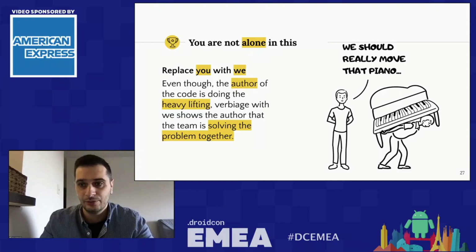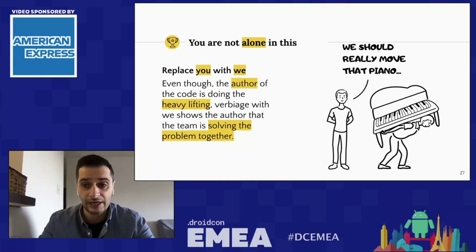Replace the word "you" with "we." Try to create this collaborative environment and this shared code ownership environment. If you say something in a code review like, "Can you change this line of code?" it implies that it's their responsibility to make the changes.